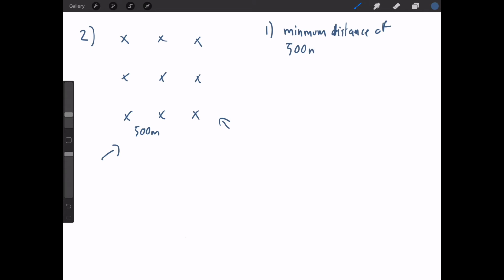And crucially, it's in all directions. So you need to state that really to get the mark. Again, using the information from the question, maximum efficiency needs to be 500 meters from any direction. It could come from over here, down here. You're always going to get that distance, so they're always going to be working at maximum efficiency.